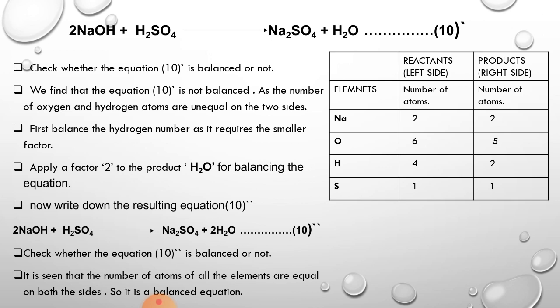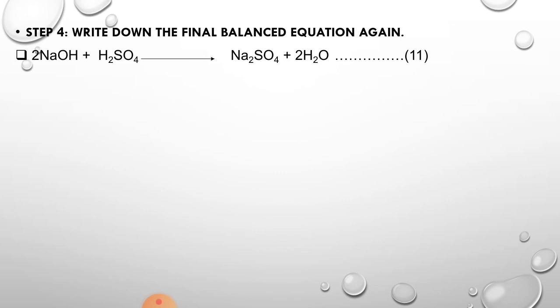O, 4 plus 1, that is 5, and 4 plus 2, that is 6 on this side, and here also it is 6. Then H, 2 plus 2, 4, and here H is 4. Yes, it is balanced. Then S is 1 and here 1. So this is a balanced equation.